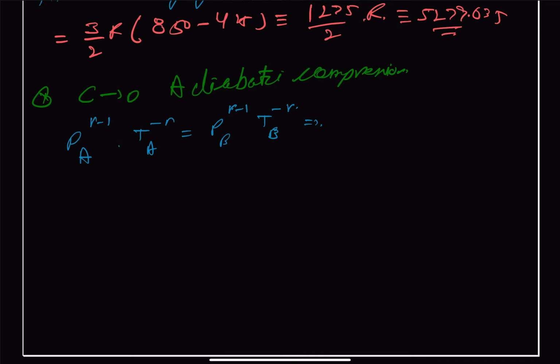We can take the ratio of the pressure. So we get PA upon PB whole raised power gamma minus 1 is equal to TA upon TB whole raised power gamma.